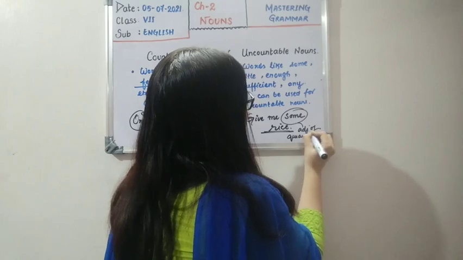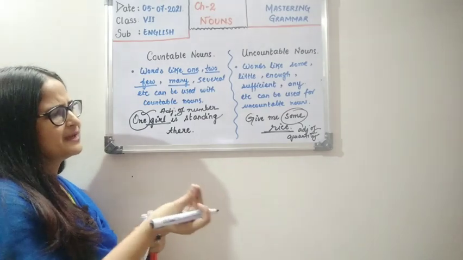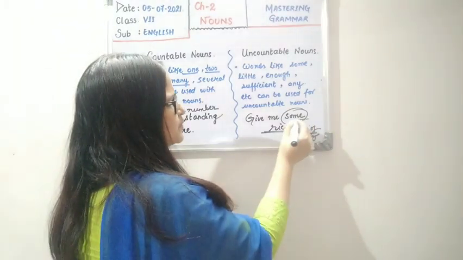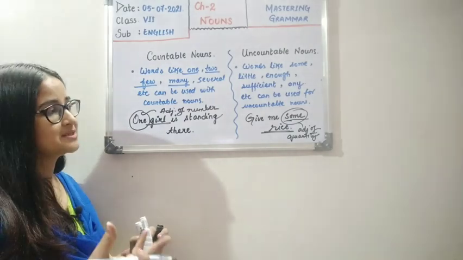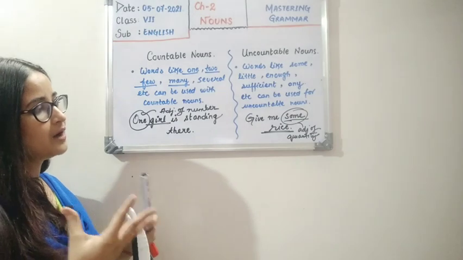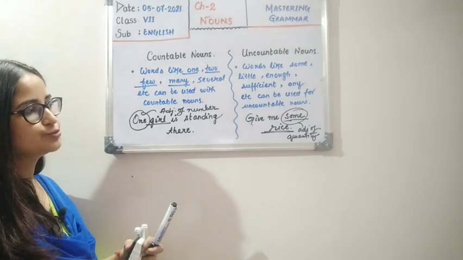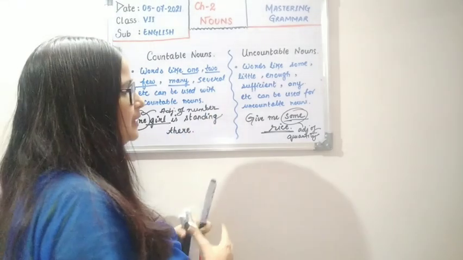Now we will be reading about different kinds of adjectives in the next chapter. I'm just telling you that these words which specify measurement and not counting are the words that we are going to use to mention the amount of the uncountable noun.